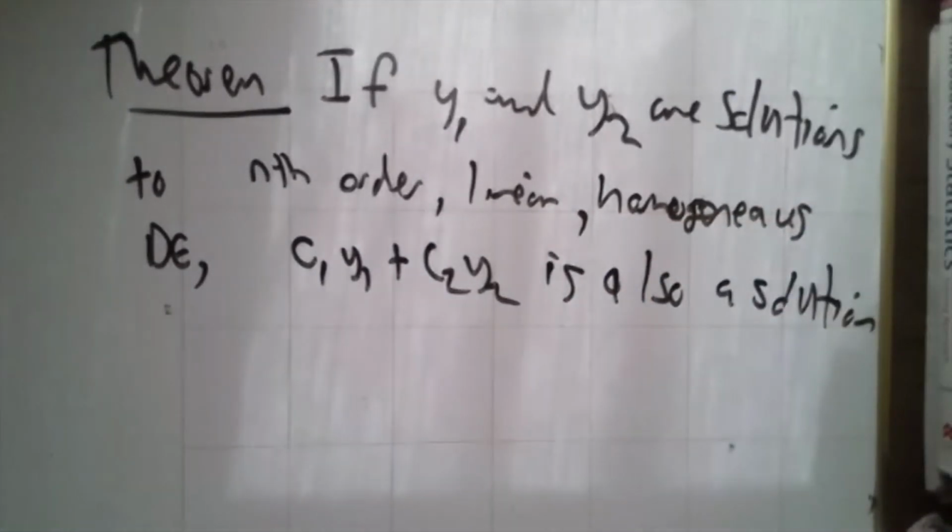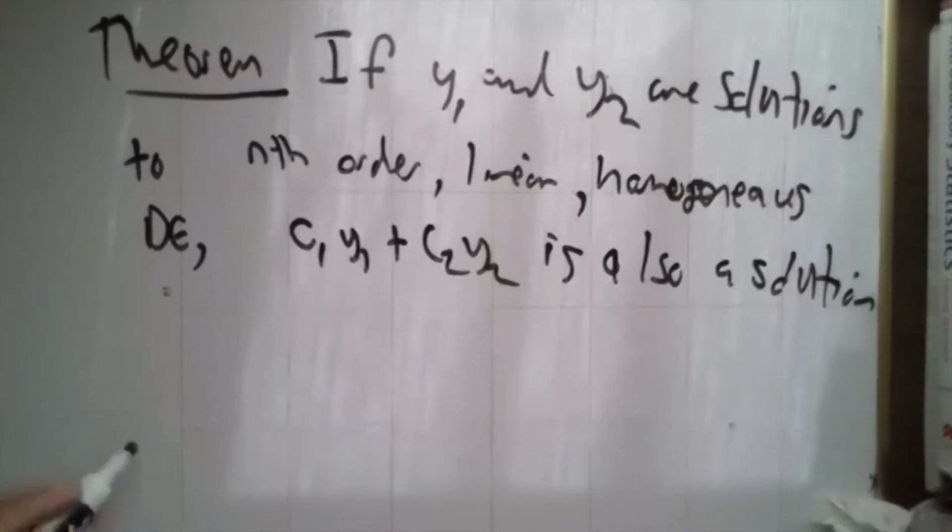If you know two solutions to a linear homogeneous DE, whether it has constant coefficients or not, adding them together is another solution. Multiplying either of them by a number is another solution.